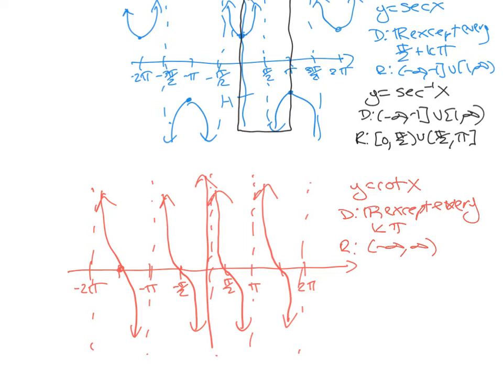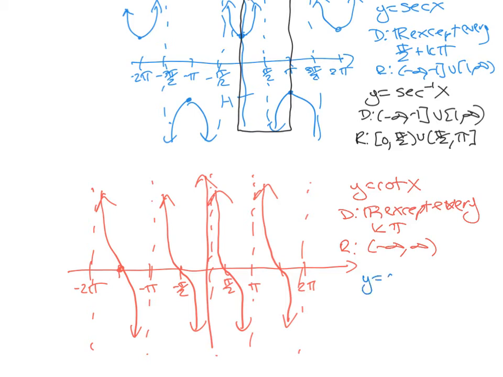Okay, so let's go back to cotangent. For inverse cotangent, remember inverse tangent, we restricted it to negative pi over 2 to pi over 2, and we could do that here, but it's just much cleaner to restrict it from 0 to pi. So that's one that kind of breaks the pattern of the others in matching up with their reciprocal functions.